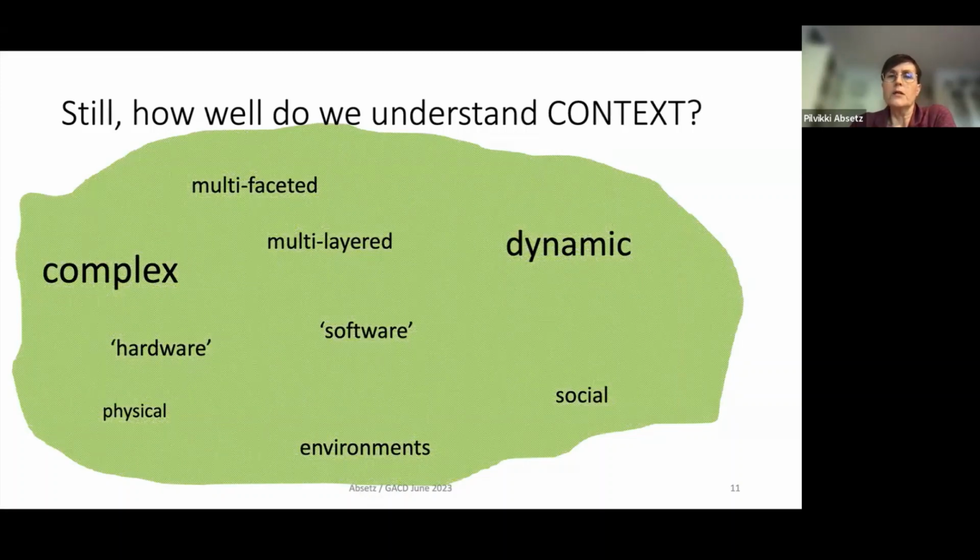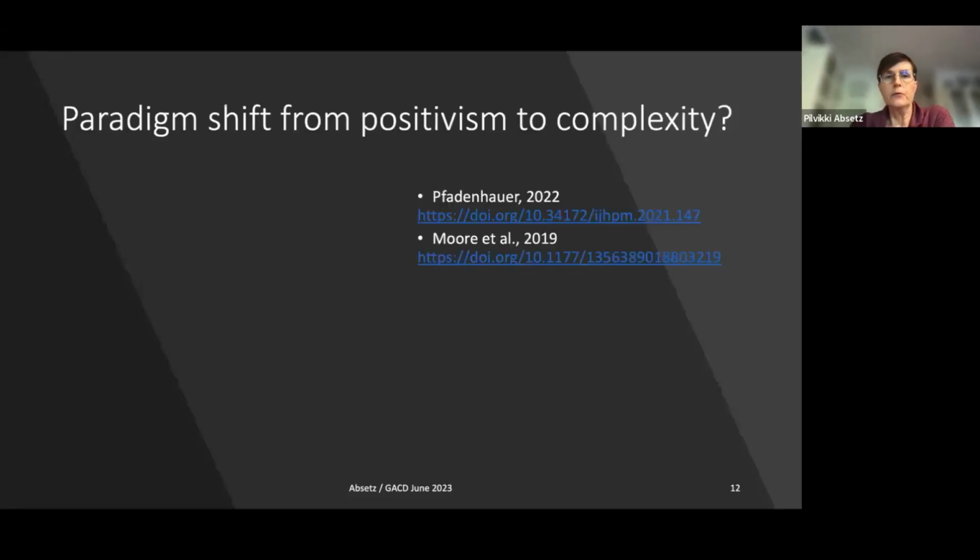But what do these complexities and dynamics actually mean? What I find really intriguing is the discussion about the need for a paradigm shift from positivism to complexity.